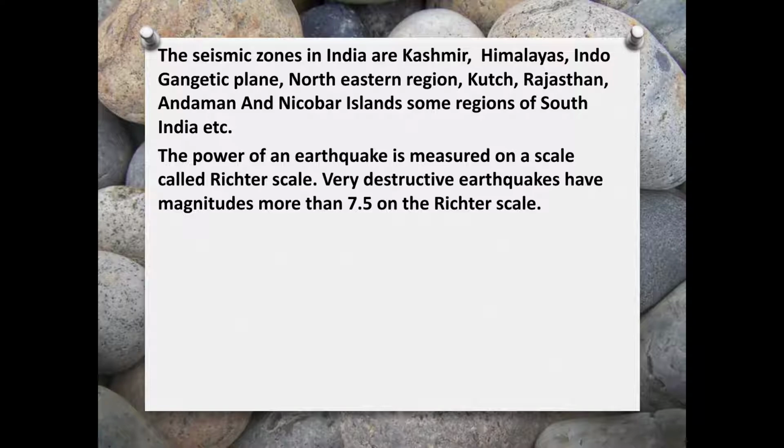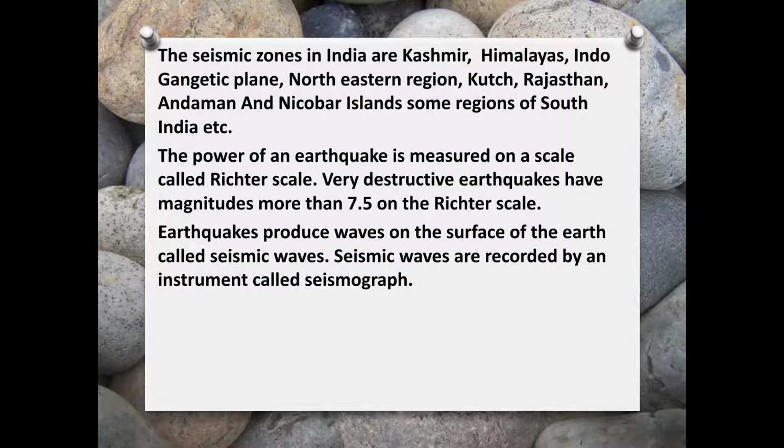Can you guess a time? Will it be 1 minute, 2 minutes, 3 minutes? No, an earthquake occurs only for a few seconds, like 20 or 30 seconds, but the entire impact that is felt is disastrous.